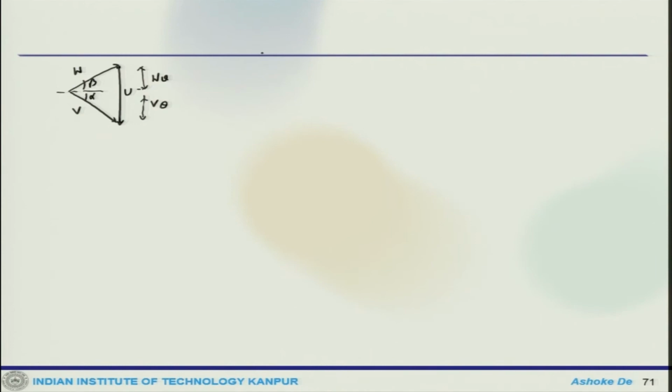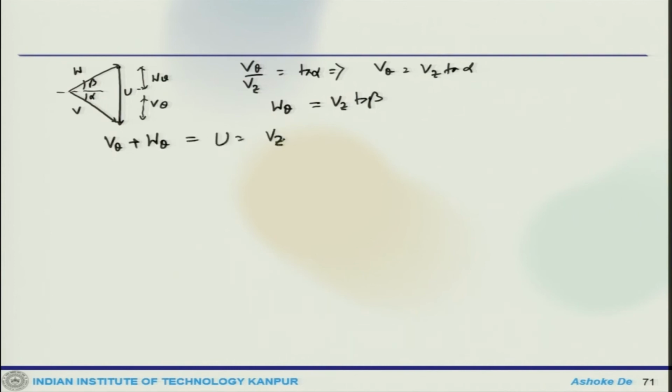So, V theta by V z is tan alpha, that means V theta equals V z tan alpha, and similarly W theta is V z tan beta. So, V theta plus W theta, which is u, one can get V z (tan alpha plus tan beta).